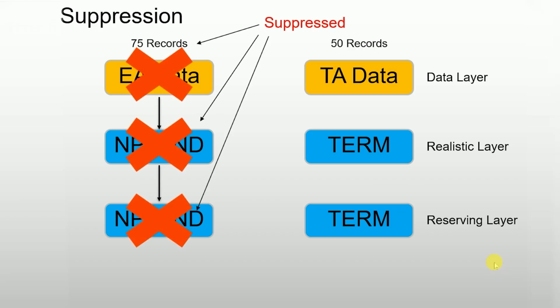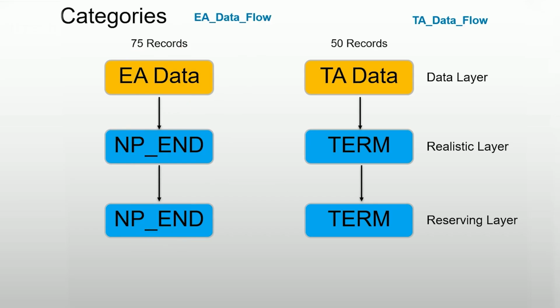As we previously suppressed the endowment data source and the NP-end programs, this forced the term data to pass through only the term programs. We will now set up the model so that each data source passes its data records to the corresponding programs.